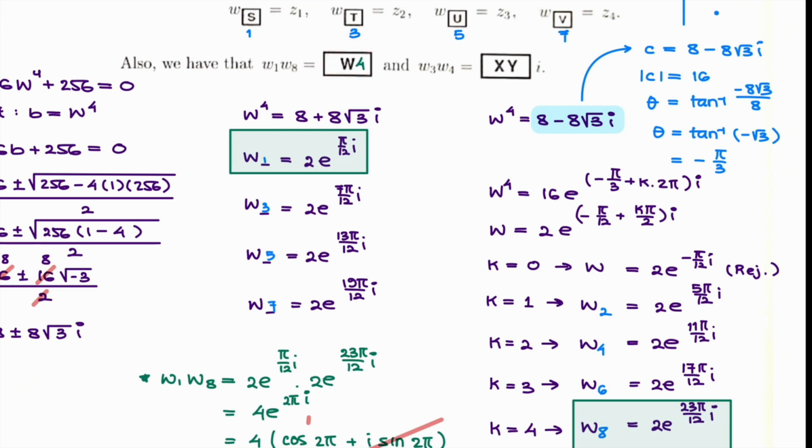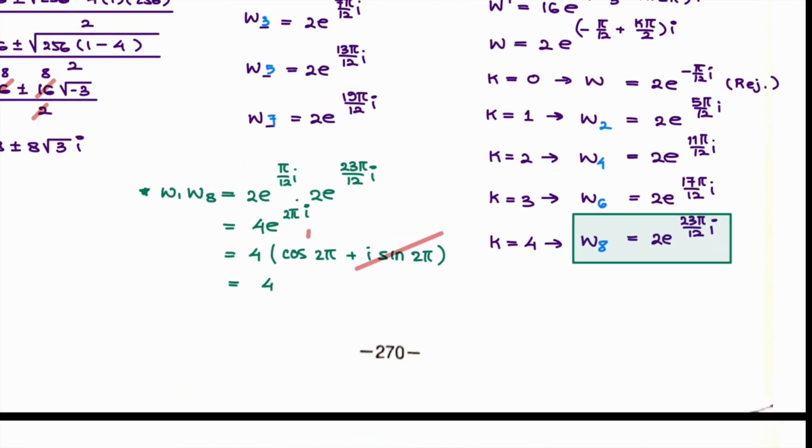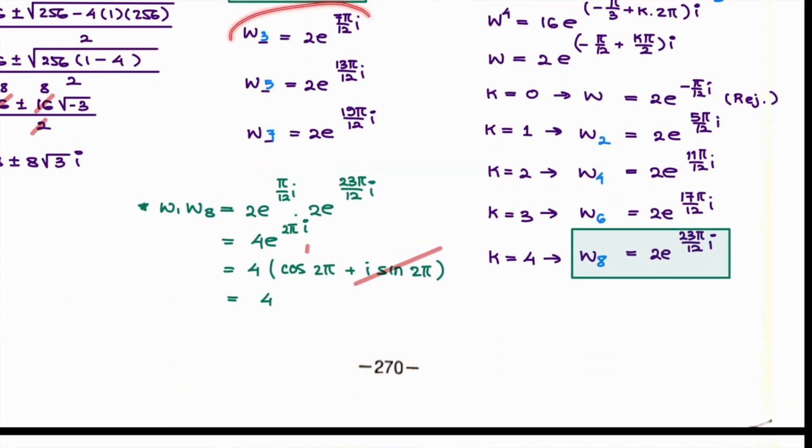And then by using the same method, you can calculate W3 times W4. This is W3 and this is W4. So if I want to calculate W3 times W4, I will do it directly. 2 times 2, you have 4, e to the power of 7 pi over 12 plus 11 pi over 12.